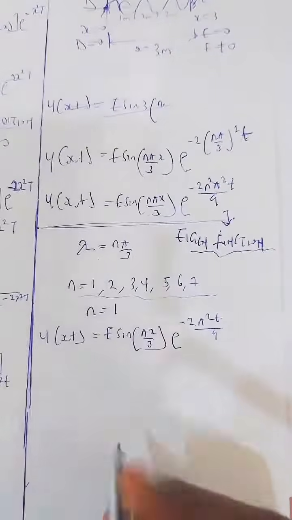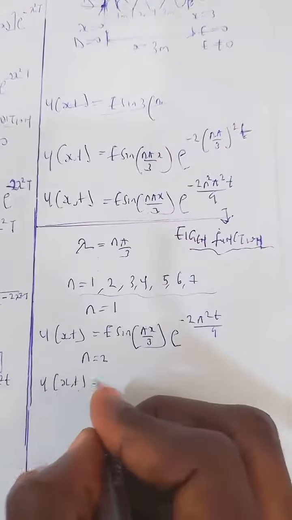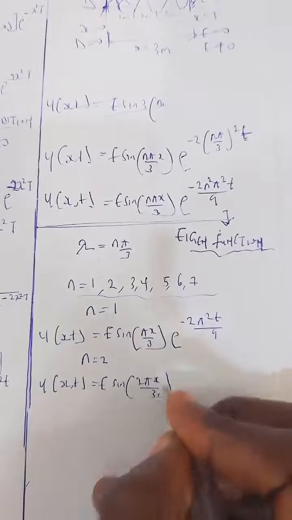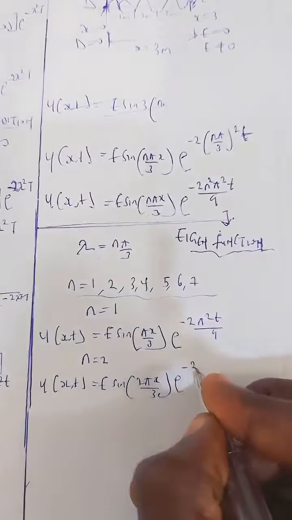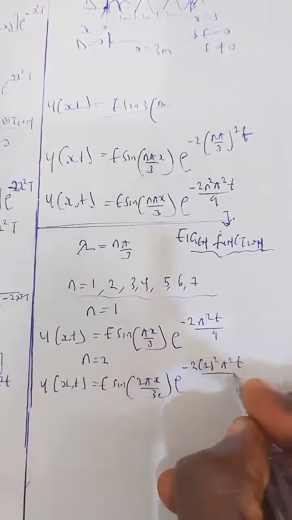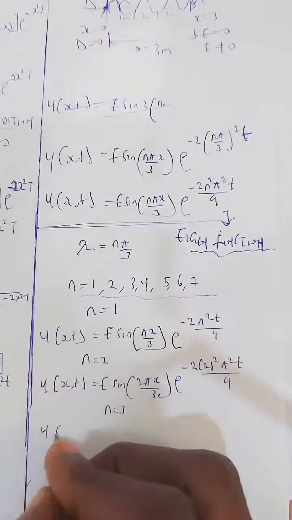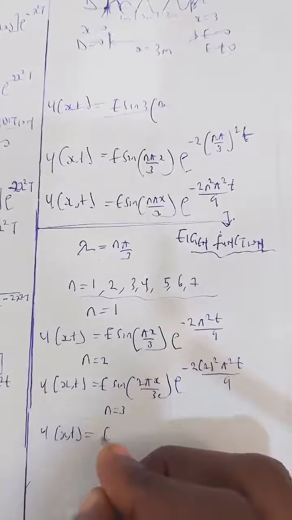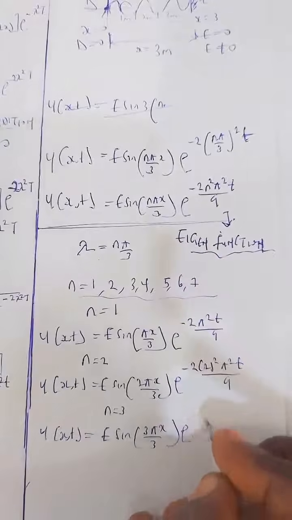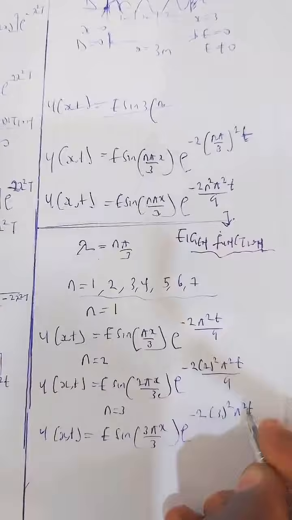When n equals 2, I have u(x,t) equal to E sin(2πx/3) exponential of negative 2 times 2² π² multiplying t over 9. When n equals 3, I have u(x,t) equal to E sin(3πx/3) exponential of negative 2 times 3² π² multiplying t, all divided by 9.